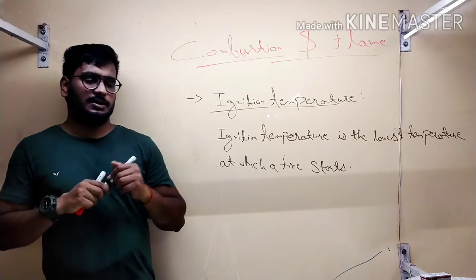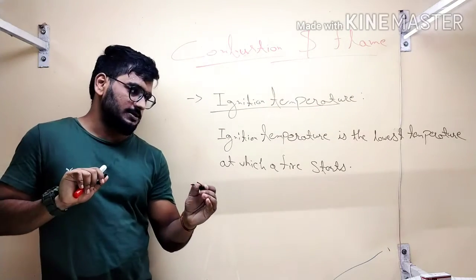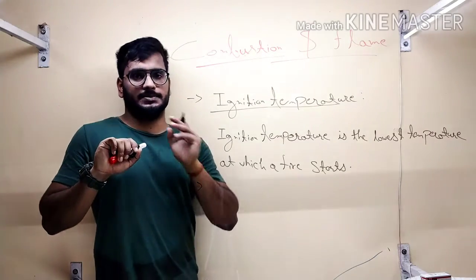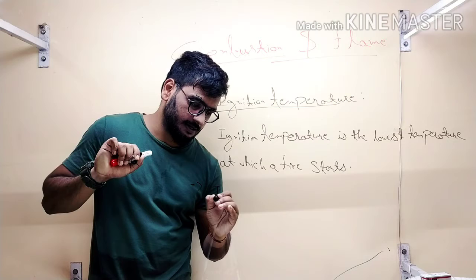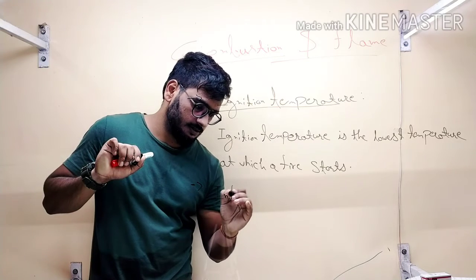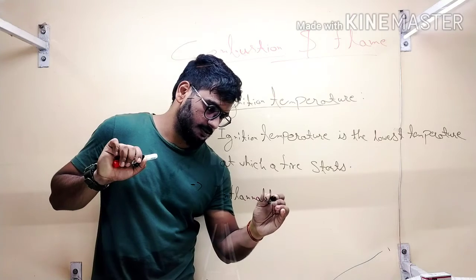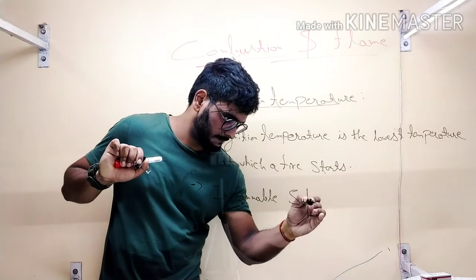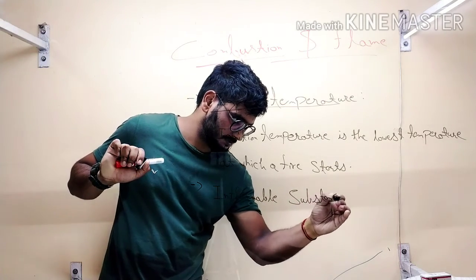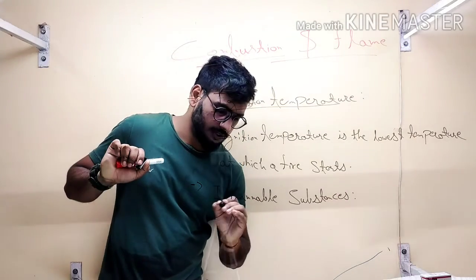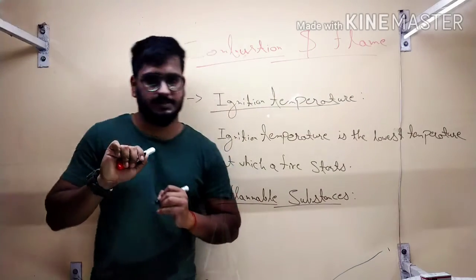After this definition, another important definition is inflammable substances. So first of all, write it. Inflammable substances. So what do you mean by inflammable substances?